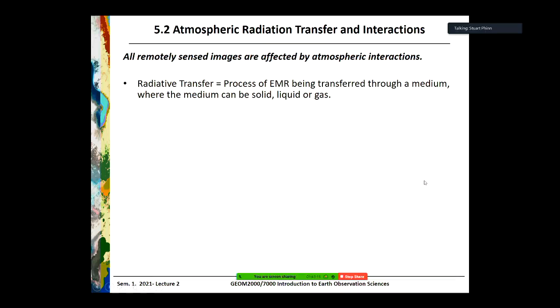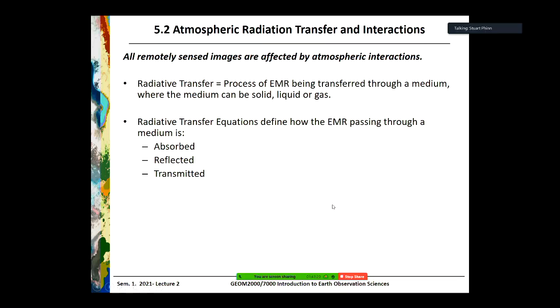Could actually be solids where you've got ice and particulates and other things like that. Radiative transfer equations explain how energy passing through a medium like the atmosphere is absorbed. So, if we wanted to look at the effect of carbon dioxide, we could look at the wavelengths that it was absorbing. Some wavelengths of light are going to be scattered or reflected.